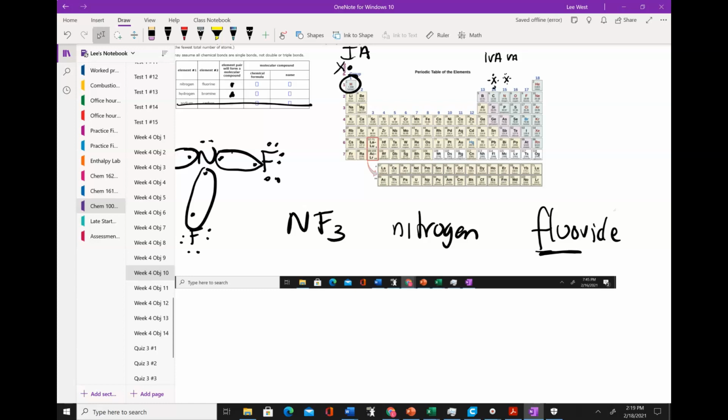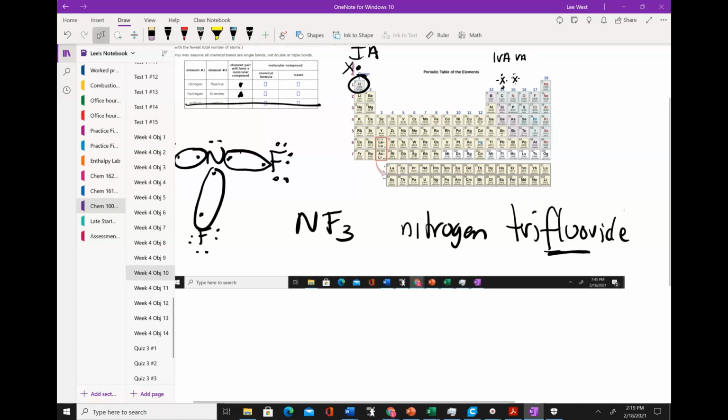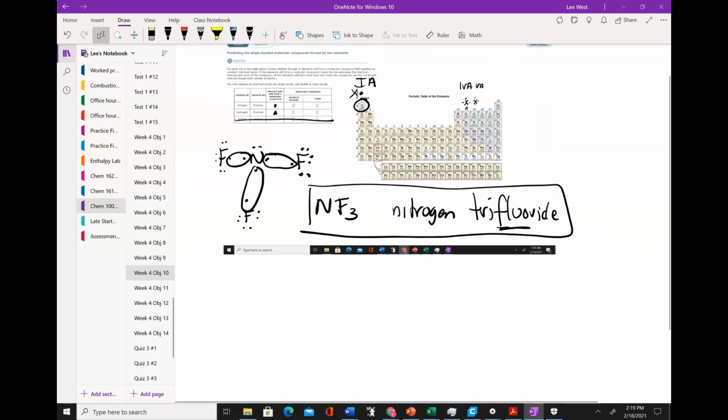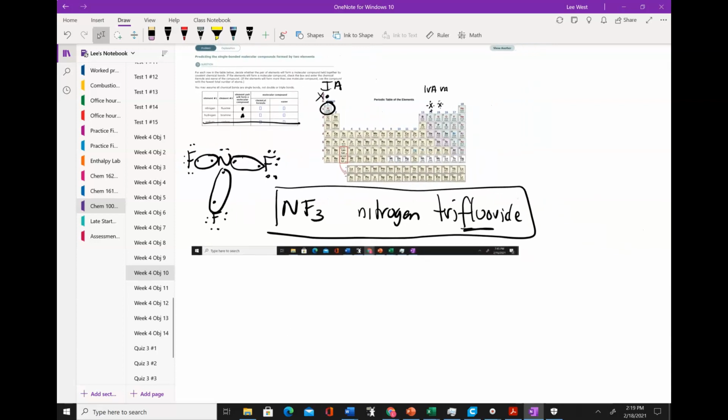Then we apply prefixes. There's a slight rule that we have to be aware of here, is that we don't use mono if there's only one of the first atom. So it's not going to be mono nitrogen, but it is going to be trifluoride. So the first one there is going to be NF3 for the formula, and then nitrogen trifluoride will be the name. Okay, let's have a look at the next one.